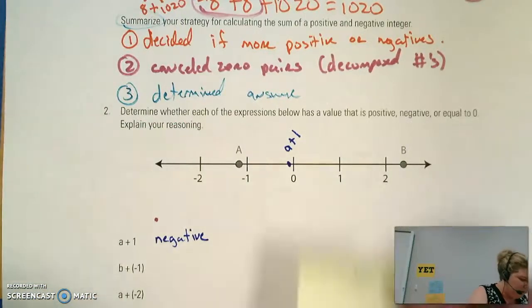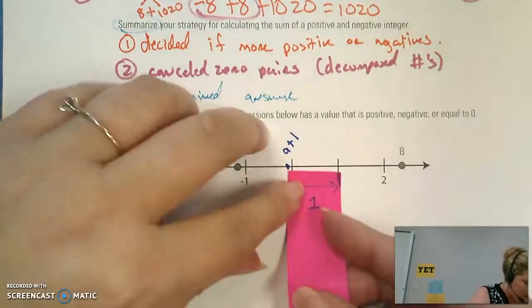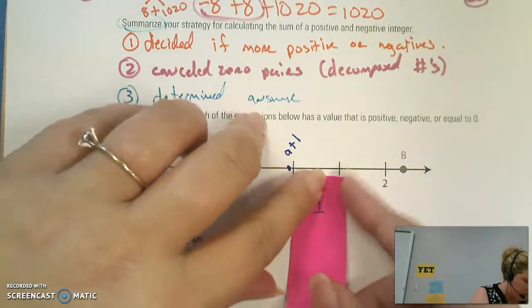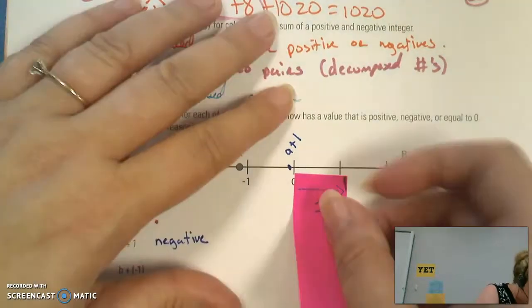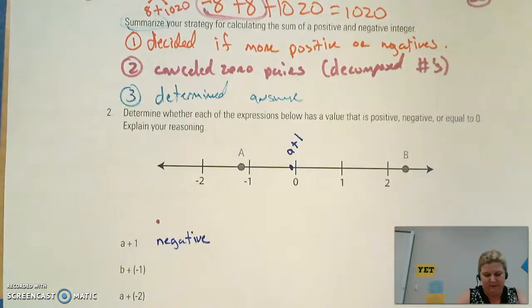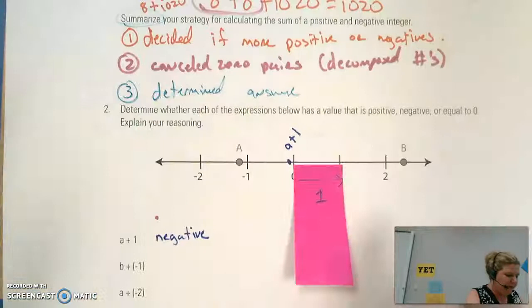So I have B, and then what? Plus negative 1. So I already have that length of 1 measured out. We need to trim that a bit. Let me trim it just a little bit. I messed it up. There we go. So there's 1.